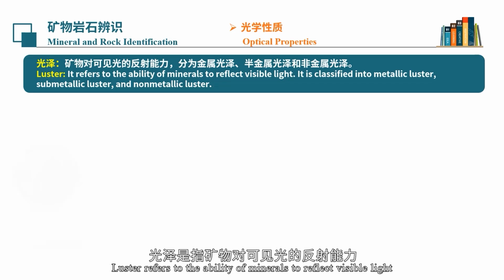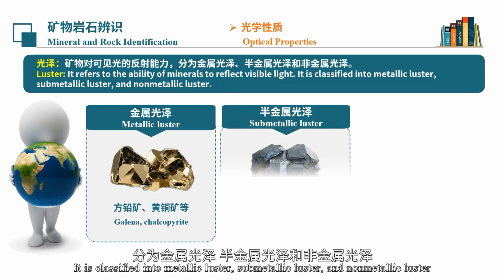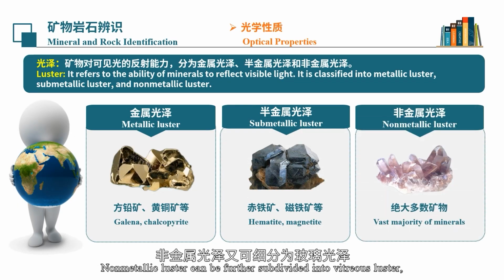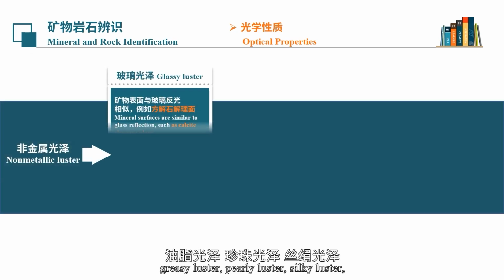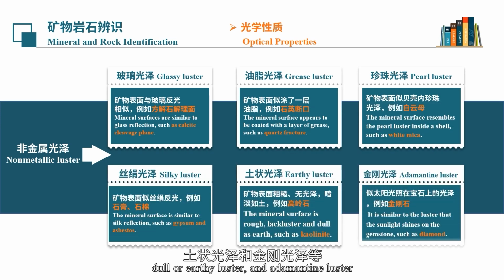Luster refers to the ability of minerals to reflect visible light. It is classified into metallic luster, submetallic luster, and nonmetallic luster. Nonmetallic luster can be further subdivided into vitreous luster, greasy luster, pearly luster, silky luster, dull or earthy luster, and adamantine luster.